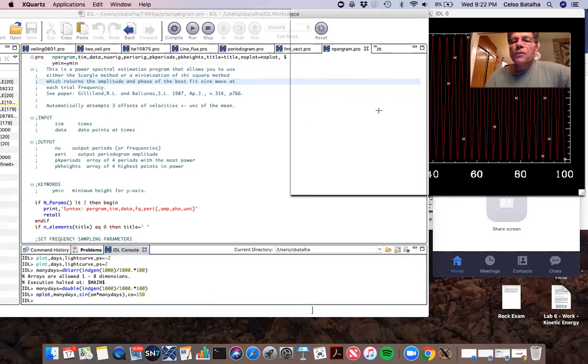So if I had observed this perfect star with a lot of data points, with a perfect cadence, see that all these points that I have here would fall in a curve. You know what I'm trying to show you?